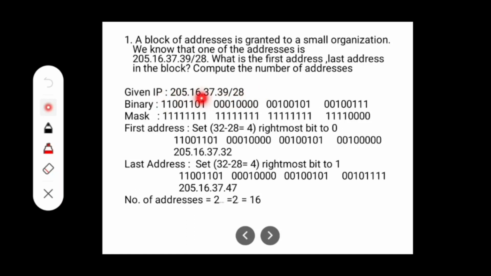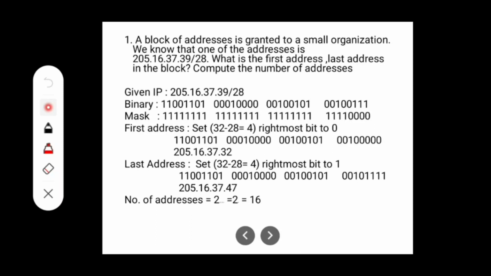Here is the IP address and this is its binary: 205 is written in 8 bits, 16 in 8 bits, 37 in 8 bits, and 39 in 8 bits. /28 means the mask contains 28 ones and the remaining 4 zeros, because the total length of an IP address is 32 bits.